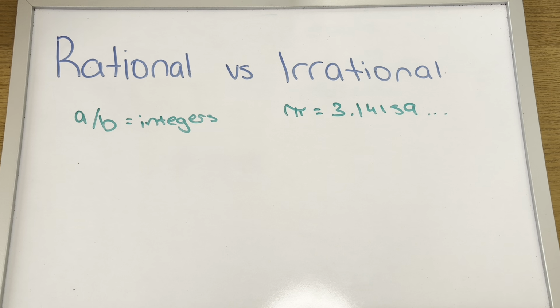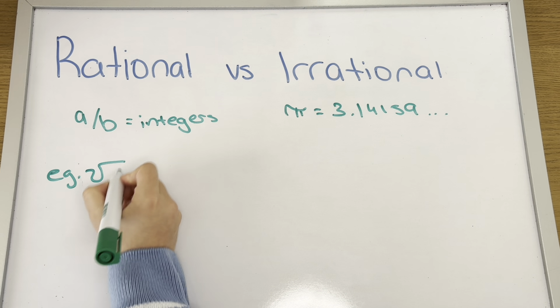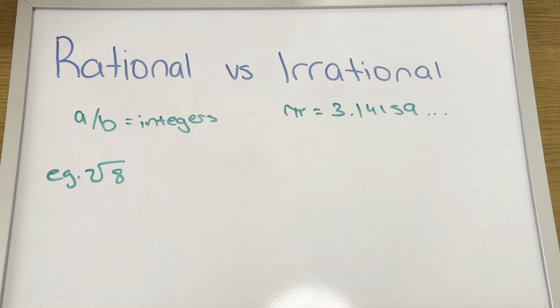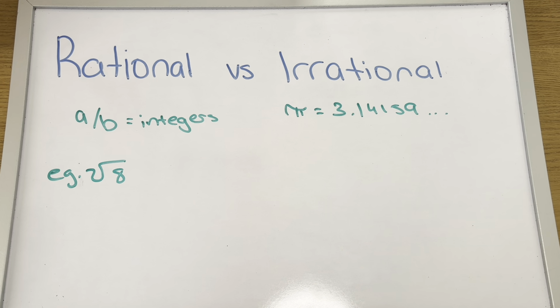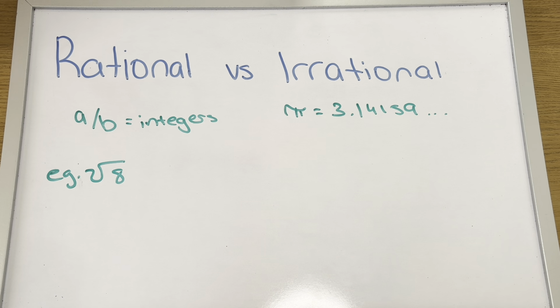That means it's irrational. If I was given the surd 8, or you can say square root, you can use the terms interchangeably, and I were to try to break this surd down into the simplest form, I would have to find two numbers that when multiplied will give me the surd of 8, but one must be a perfect square, and the other must not.